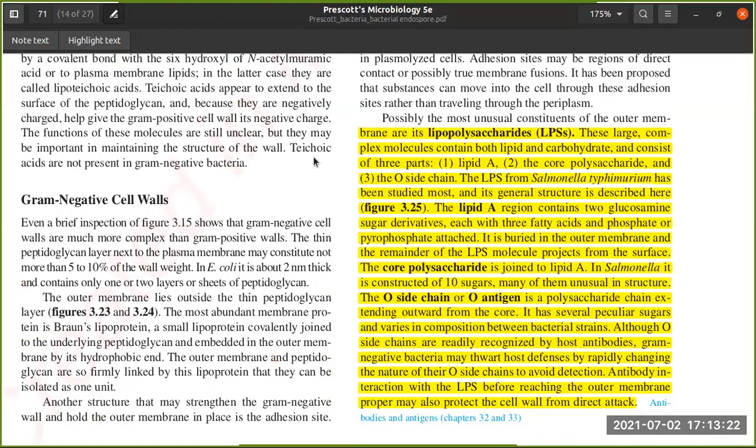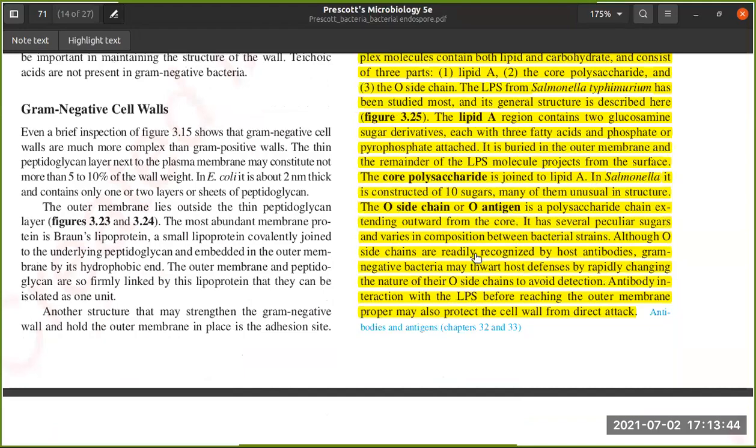These large complex molecules contain both lipids and carbohydrates and consist of three parts. One, lipid A; two, the core polysaccharide; and three, the O side chain. The LPS from Salmonella typhimurium has been studied the most, and its general structure has been described.